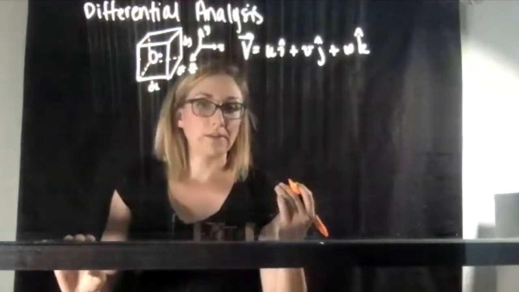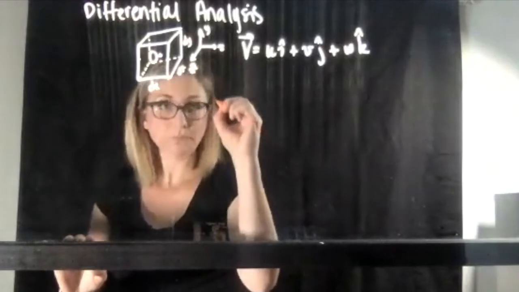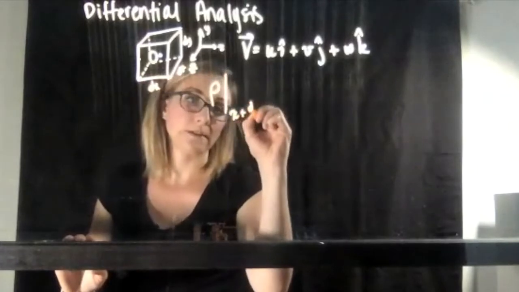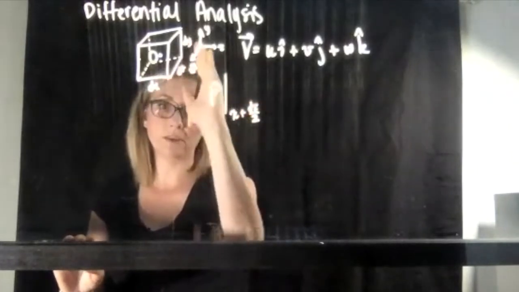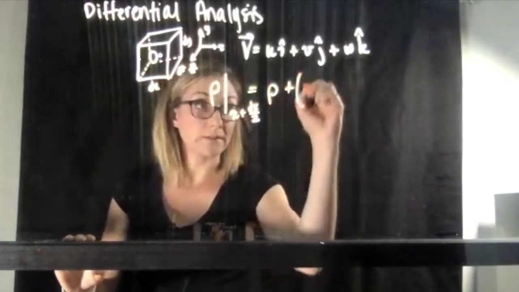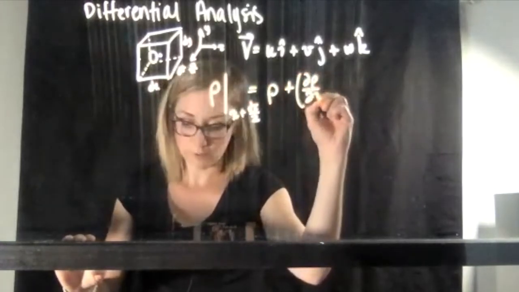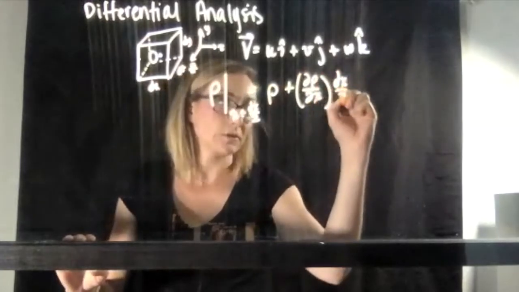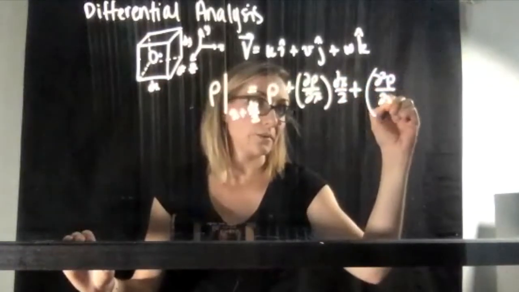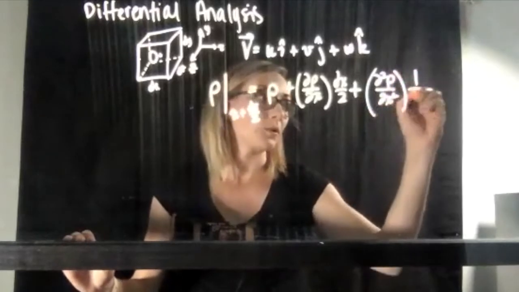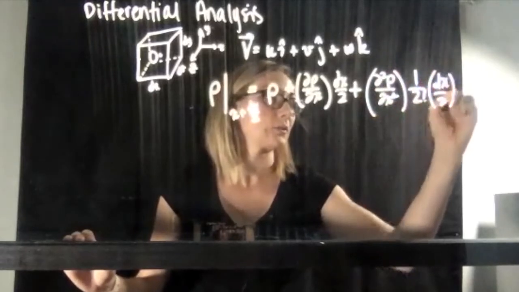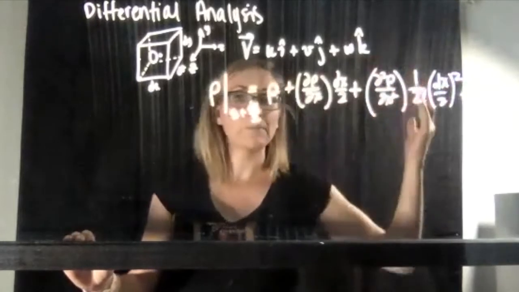Okay, so if we take a look at the density first, the density at a point of x plus dx over 2, so we're looking at this rightmost face here, is going to be equal to the density at the center point plus the derivative with respect to x times dx over 2, plus the second derivative of the density with respect to x times 1 over 2 factorial, and then dx over 2 squared, plus many more higher order terms.